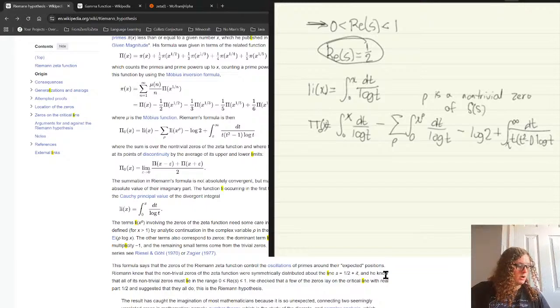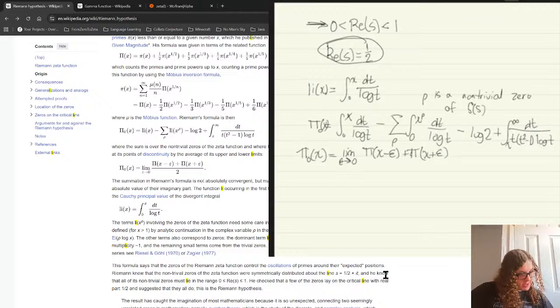So capital Pi naught of x will be the limit as epsilon approaches 0 of the average, where this is capital Pi as it approaches from the left, and this is capital Pi as it approaches from the right.